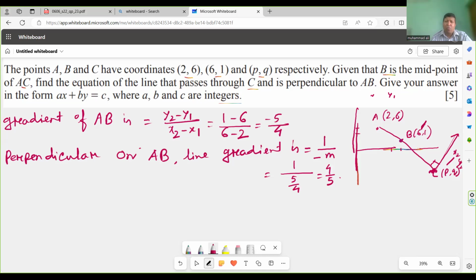To remember it properly, if it is -5/4, multiply by 4/5. That means it's the negative reciprocal.